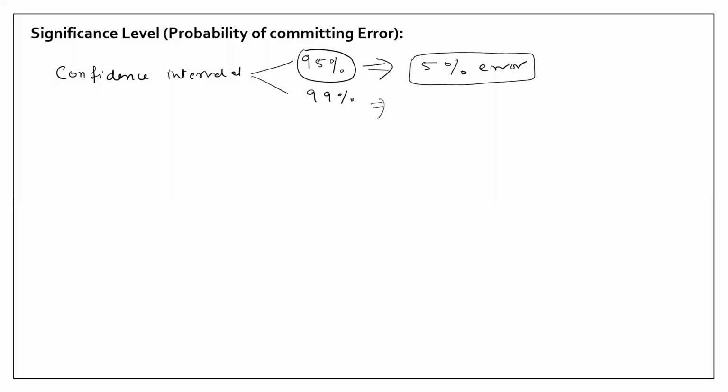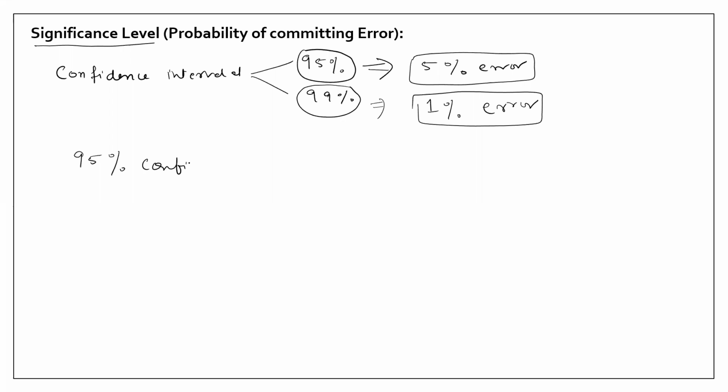Whereas when you're 99% sure for some interval, you have a 1% chance of committing error. So this 1% and 5% error which I'm talking about is nothing but your level of significance. So either I can say 95% confidence, or I can say 5% level of significance.